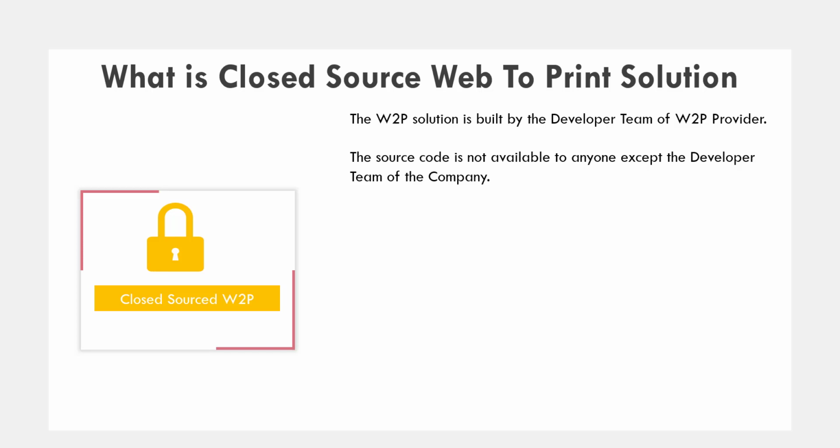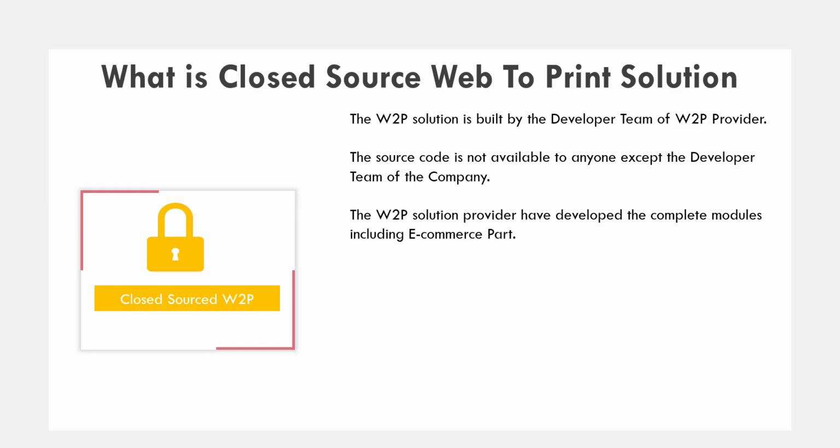The source code is only accessible to the developers of that particular company. The closed source web-to-print solution providers develop their e-commerce platform, such as order management, reporting, sales management, product creation, product category creation, everything in-house, as well as the designer tool.